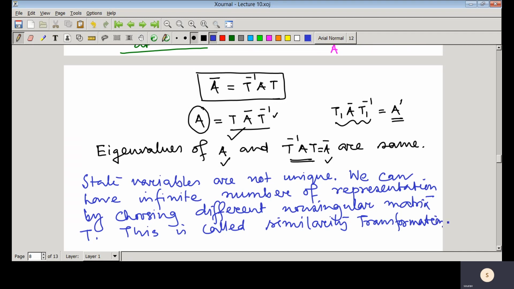That means going from one state vector representation to another just by multiplying with a non-singular T.